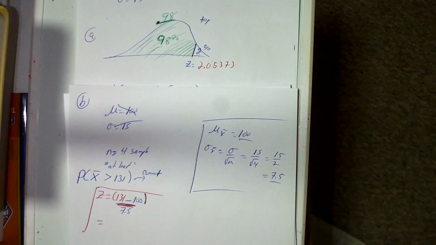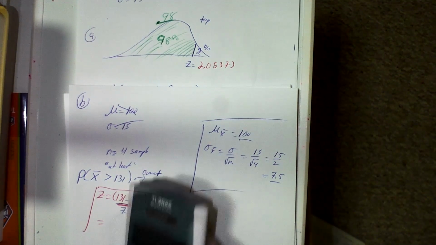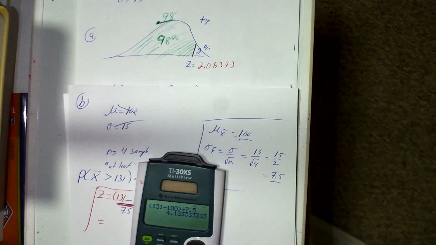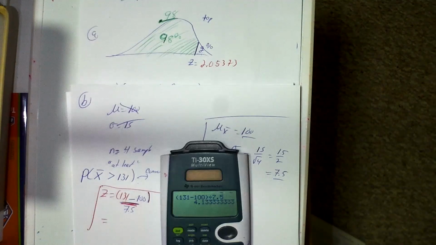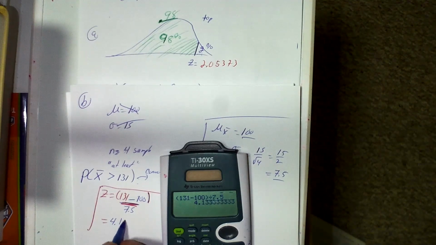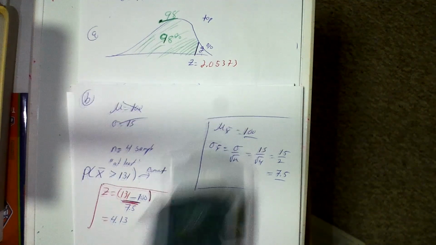All right, so I got this long number, 4.13. I need 2 places. So that would be 4.13. The 3 is small, so it has to stay. 4.13.